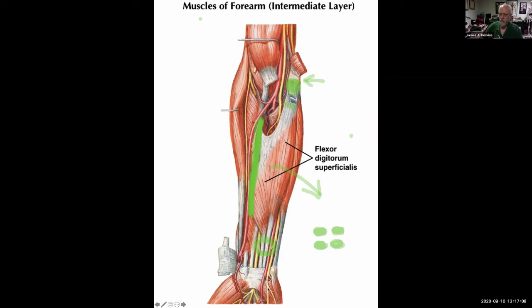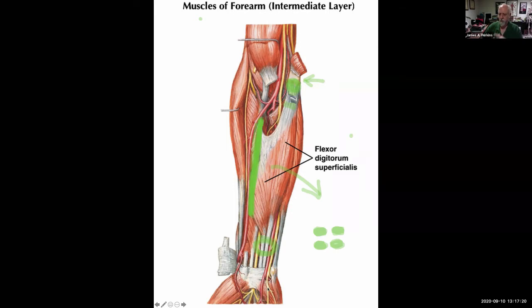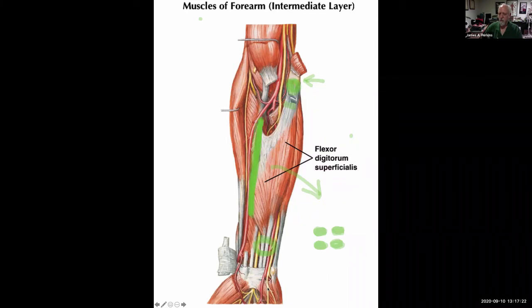That's that middle finger bone in digits 2 through 5. So that would be your index finger, middle finger, ring finger, and pinky finger. So this muscle has nothing to do with the thumb. It doesn't go to digit 1, which is the thumb. It's only going to flex digits 2, 3, 4, and 5. And specifically, it's inserting on what's known as the middle phalanx, that middle finger bone of those digits.